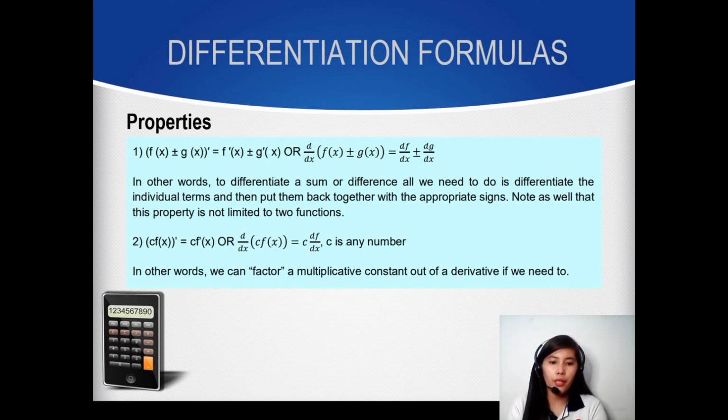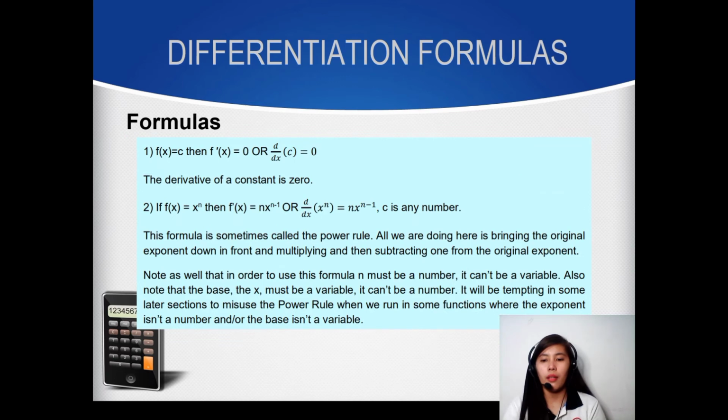In other words, we can factor the multiplicative constant c out of the derivative if we need to. Then if f of x is equal to c, then f prime of x is equal to 0. Our c here is any constant, so the derivative of any constant is equal to 0.